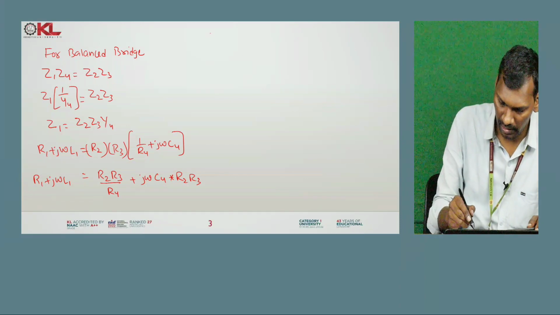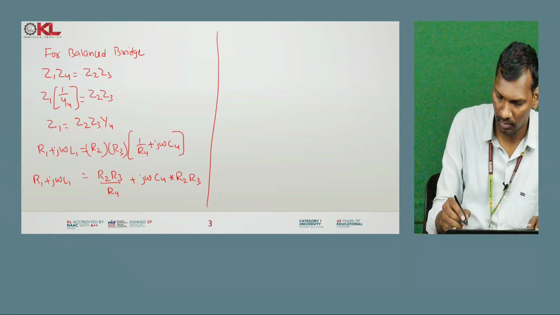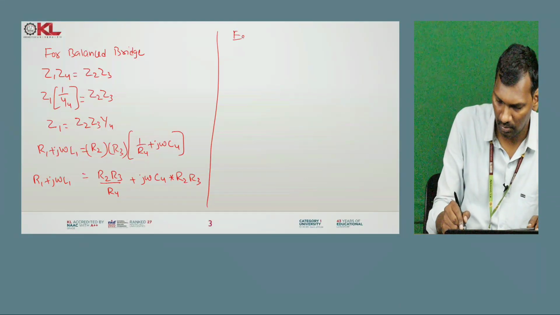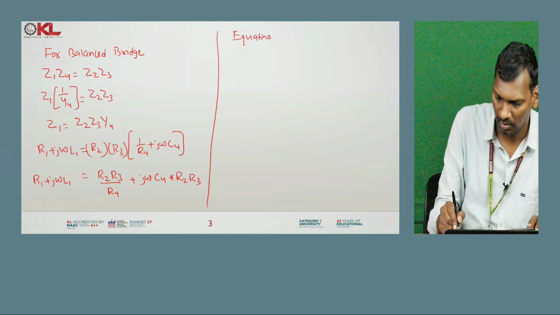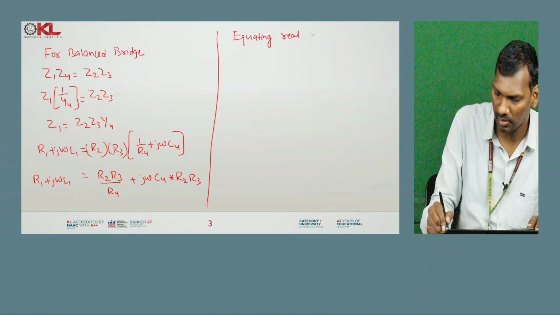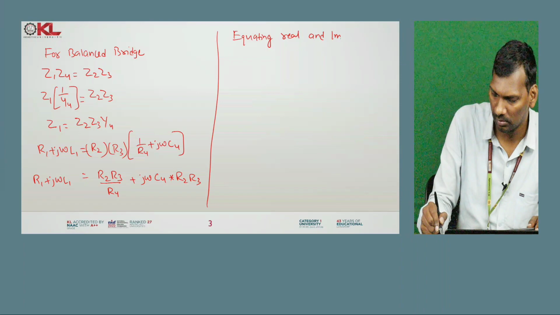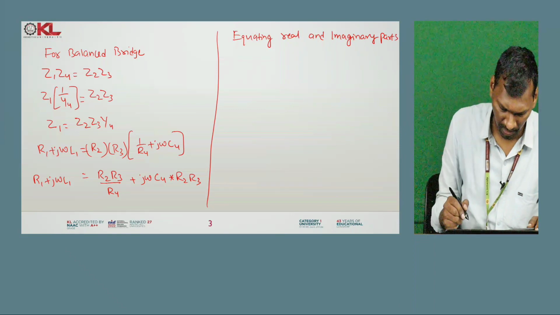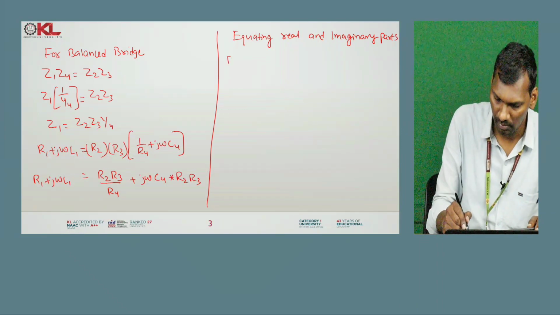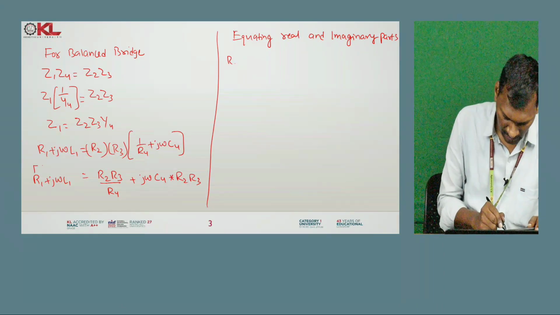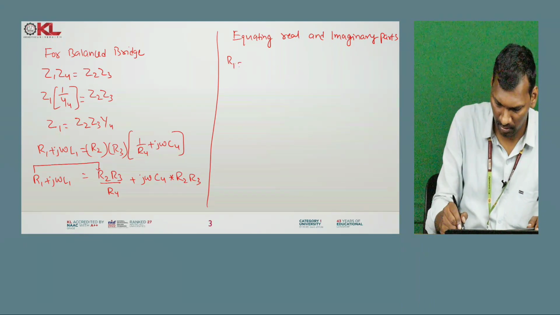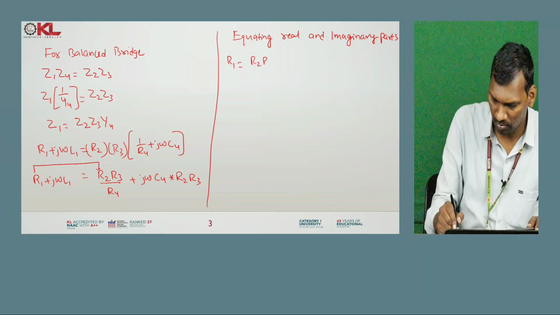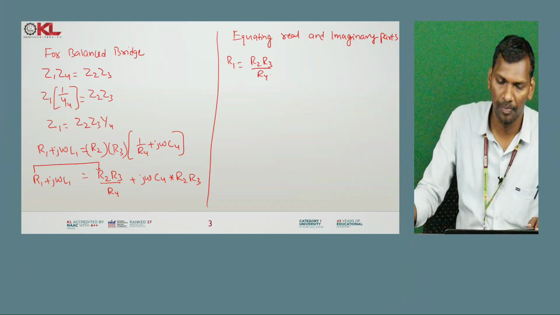Now equating the real and imaginary parts, R1 is directly equal to R2 R3 divided by R4.